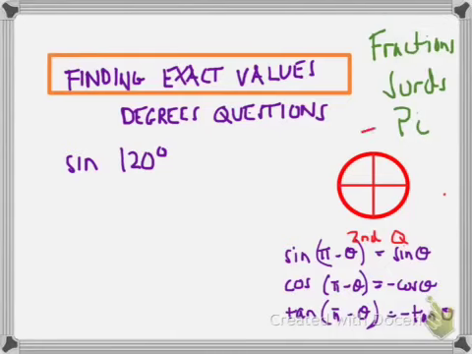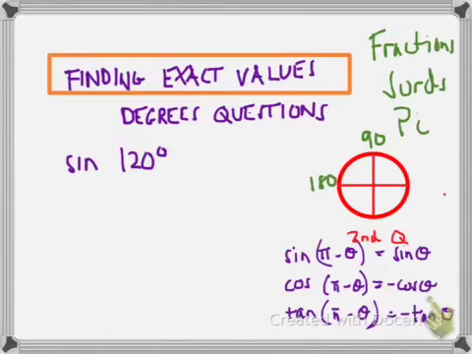Well, we've got pi on 2 there, or 90 degrees. Perhaps I'll use degrees this time, even though I prefer to use radians. So we've got 90 degrees there, and 180 degrees there. So 120 degrees clearly falls into the second quadrant.